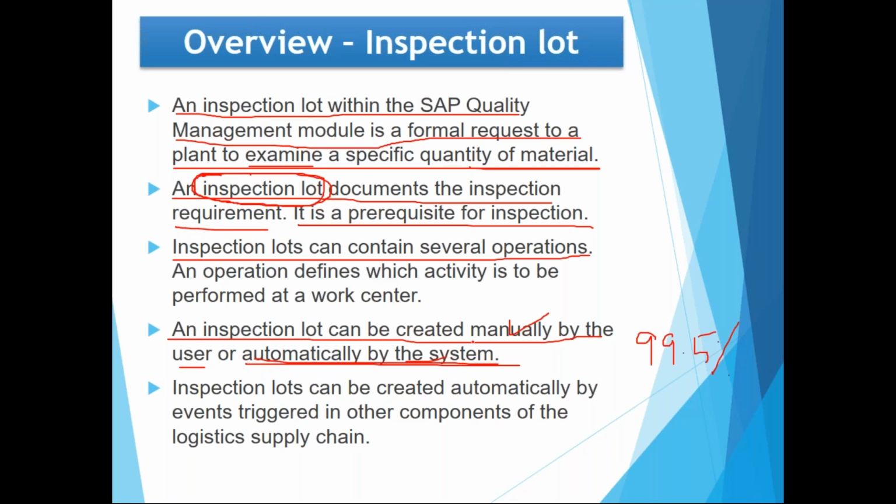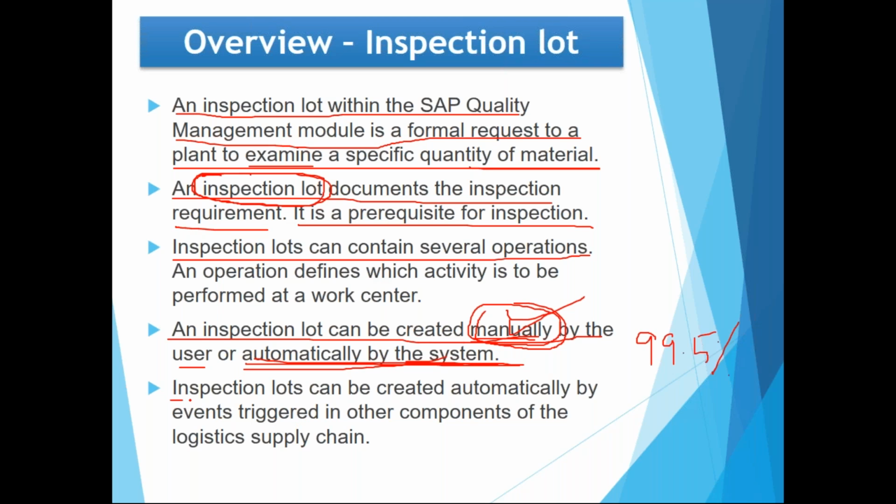Very rarely people will create lots manually. Normally in real time they don't give authorization to create lots manually. Only in very rare scenarios, with special permissions, they will create lots manually. Most of the time lots will get generated automatically.